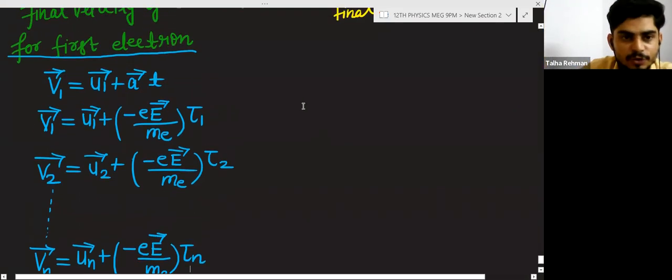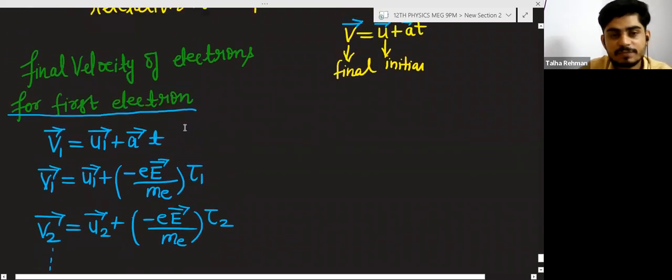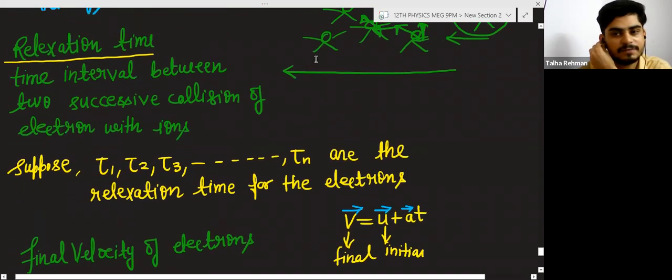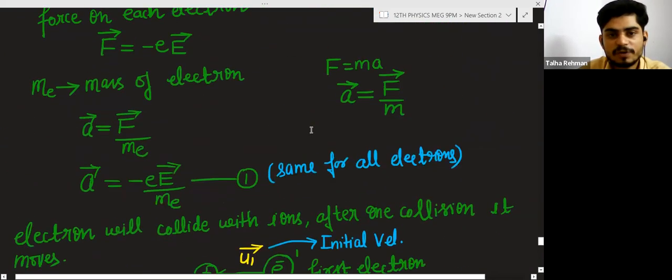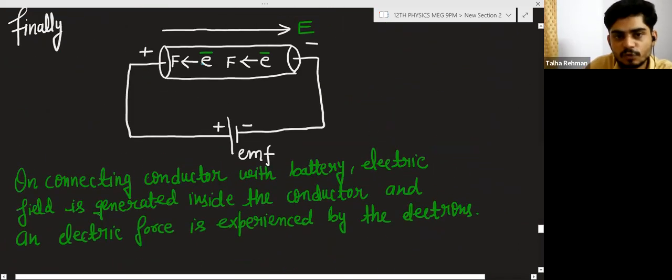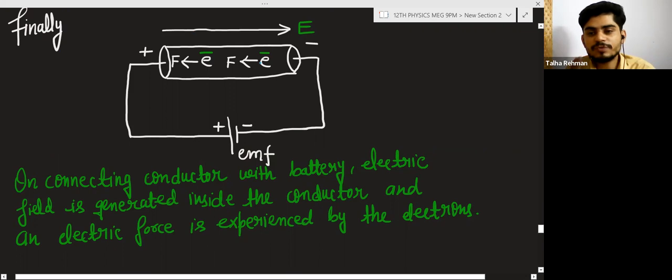Now, if I want to find the average, this is the final velocity of the electron. Finally the electron will try to move in the direction opposite to that of the electric field.